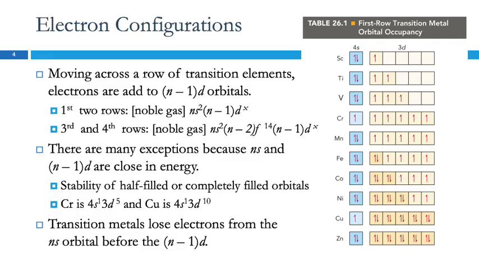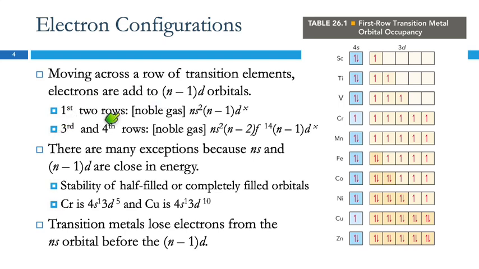So let's go back to this. As we go across a row of transition elements, we're adding electrons to the n minus 1 d orbitals. Here n is the period number. So the first d orbitals are the 3d, and so they are in the fourth period.